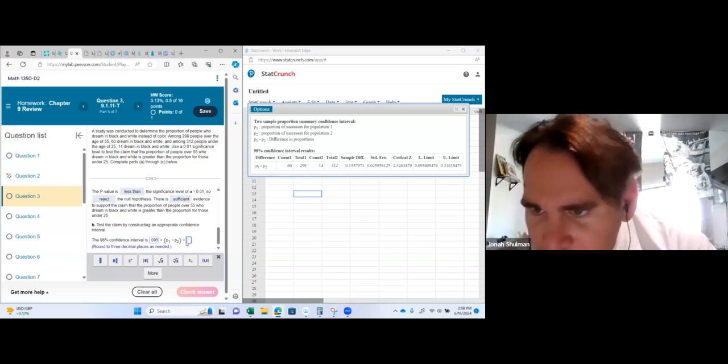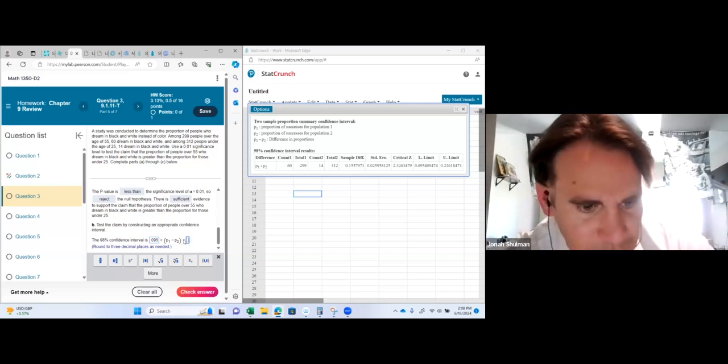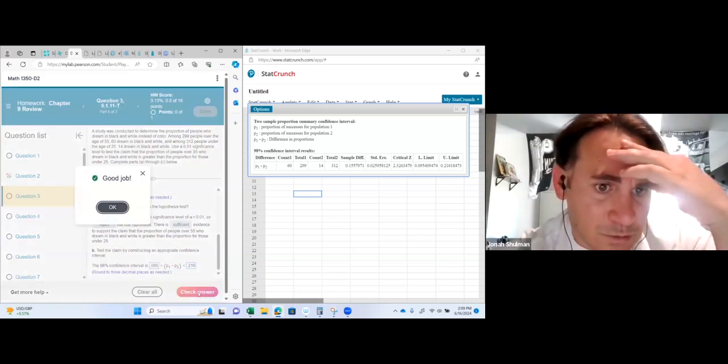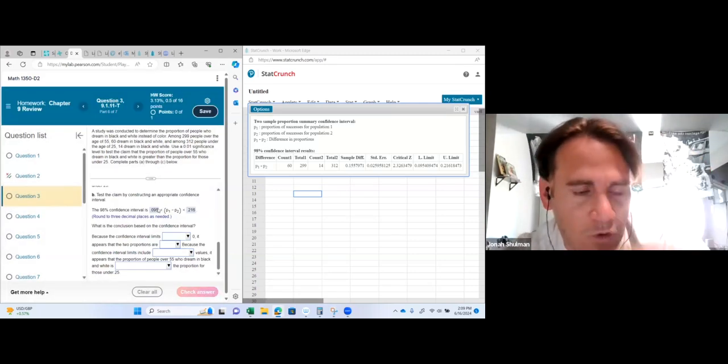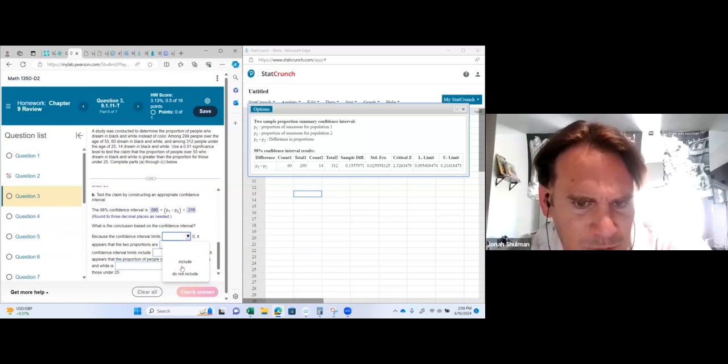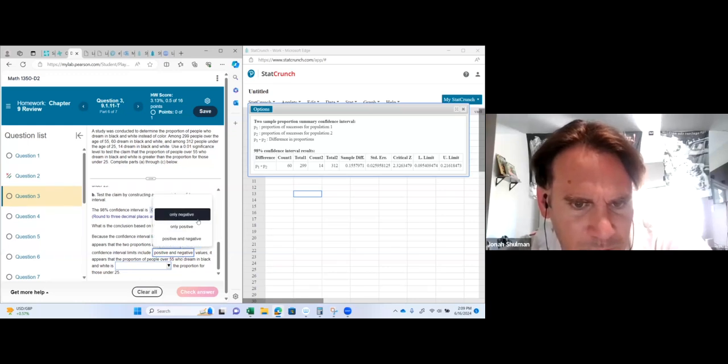And this one is going to be 0.216. Check. Good job. Oh God, there's more. Because the interval limits do not include 0, it appears that the two proportions are not equal because the confidence limits include only positive values.